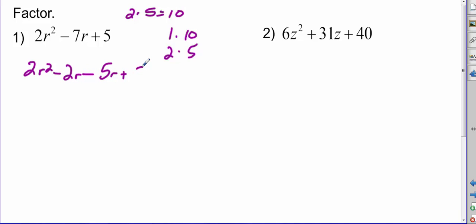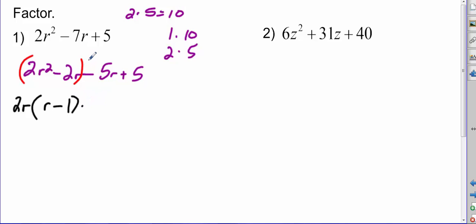It should look like this. Now we can use our factoring by grouping process that we learned in 8.8, which is why we skipped ahead a little bit and figured that out first. So here we go. We can do a common factor here of 2r, which will give us 1r sitting there and a -1.